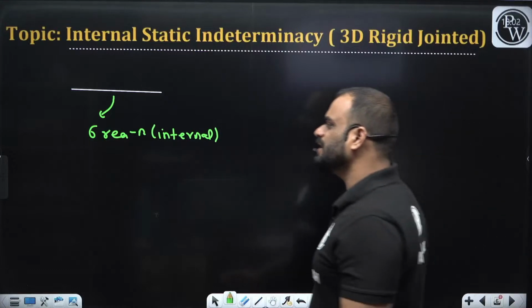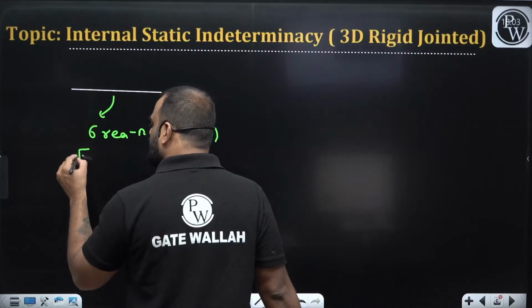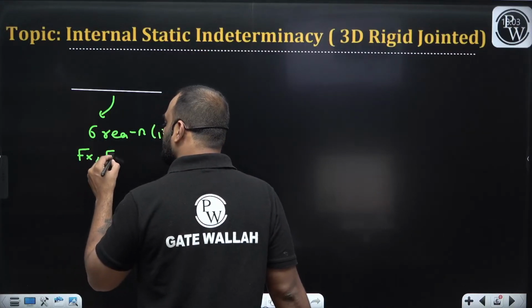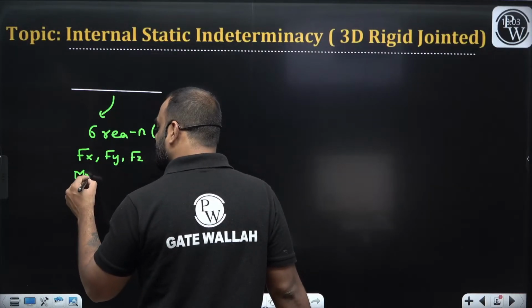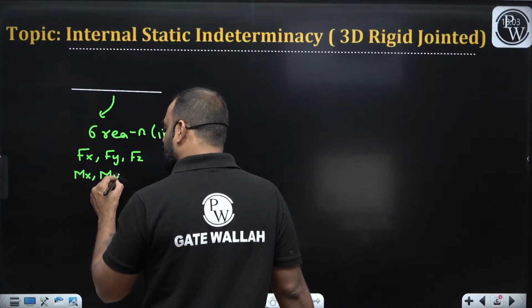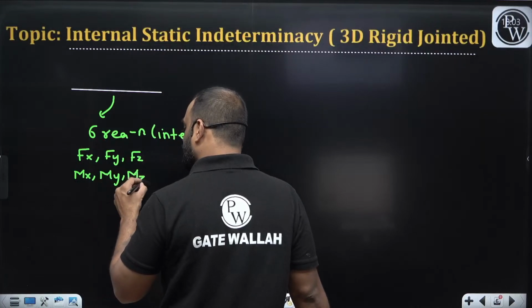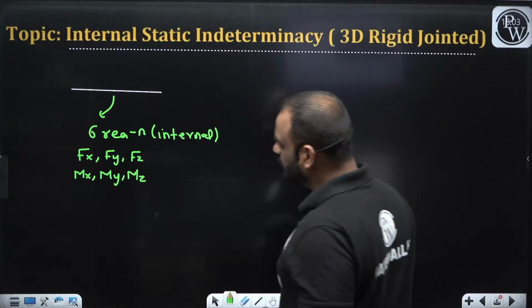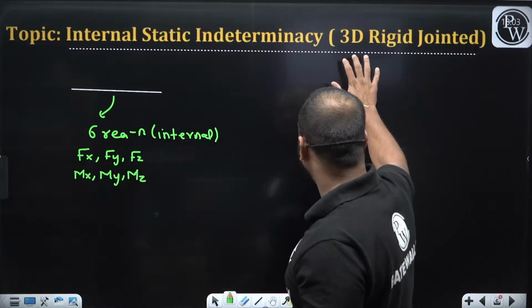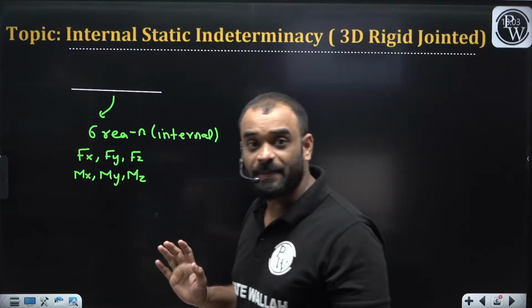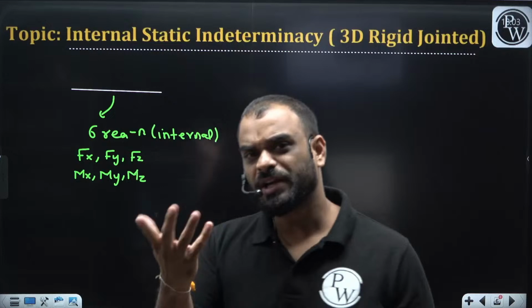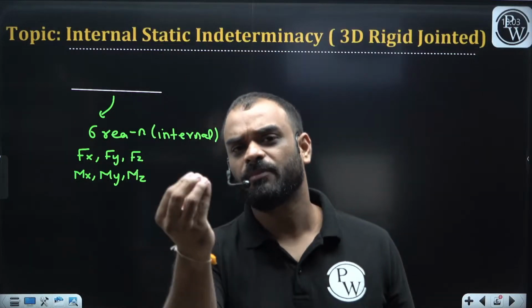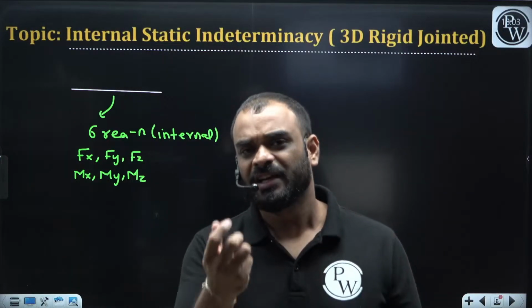And you know what they are: we can write Fx, Fy and Fz, similarly Mx, My and Mz. That means in case of a 3D rigid jointed structure, there are basically 6 reactions in each and every member. Let us suppose you have m number of members in the structure.